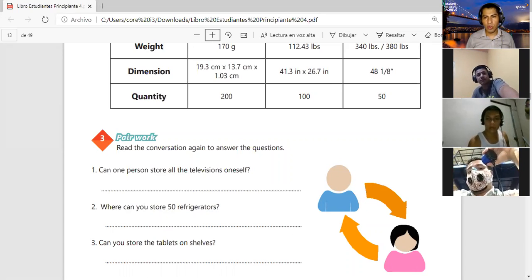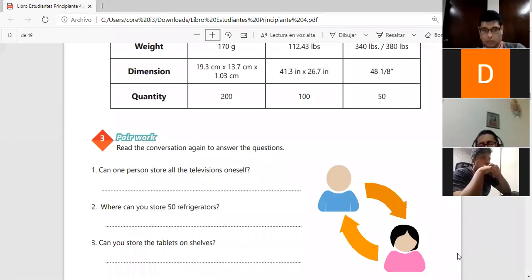Where can you store 50 refrigerators? With the lift and for the store in the warehouse. Exactly. Because in the house I need to buy a big house. Okay, good. So you can store the 50 refrigerators in a warehouse. Yes, warehouse, remember that is bodega.